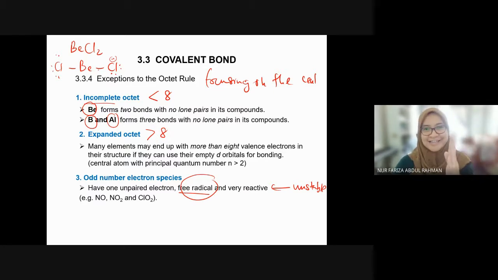Please refrain yourself from doing that. This is special: beryllium, boron, aluminium. You just leave this molecule as it is. This is its structure. Even though it does not achieve octet, it is already stable. How do you know it is stable? What do you calculate, guys?